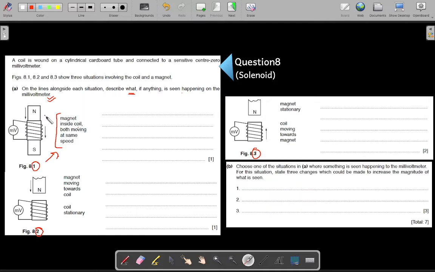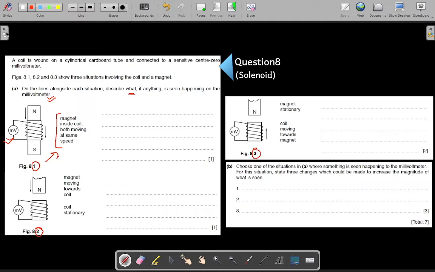Are they moving with respect to each other? No, they are moving together. Moving together means they are not moving with respect to each other. So will any current be induced? No current induced, nothing seen happening on the multi-voltmeter, no deflection, no reading on the multi-voltmeter.